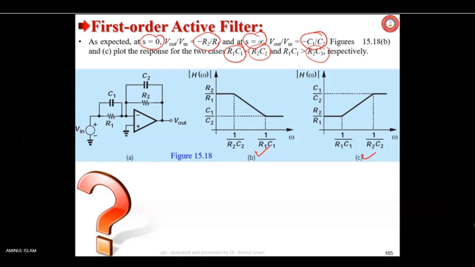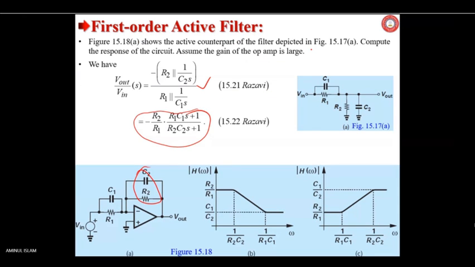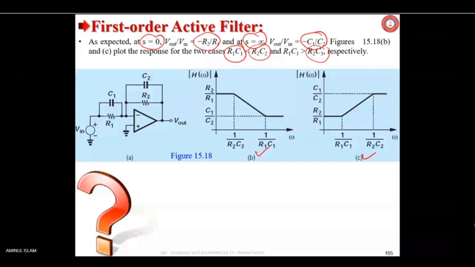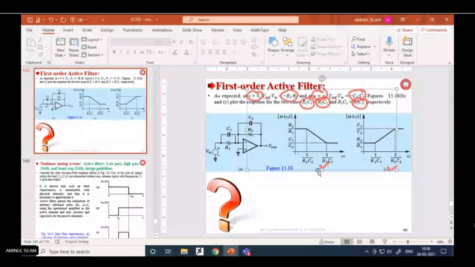It's a typing mistake. This figure does not have R3. Yes or no? R3 is there here? No, sir. So it is not R3, it is a typing mistake. See, typing mistakes may always be there, so I always tell you to point them out if you can. I'll remove it.